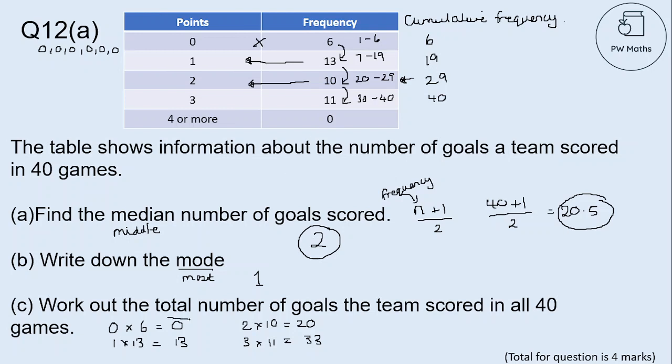Then we need to make sure that we add all of these up together. Please use your calculator for this. It's a calculator paper. The amount of times that I see students adding it up mentally, and there's sometimes 1 or 2 out, and then they don't score the marks. It happens quite often, so please make sure that you use your calculator to add all of those up together. And in this particular question, we are looking for an answer of 66 goals, or points, as the table said.